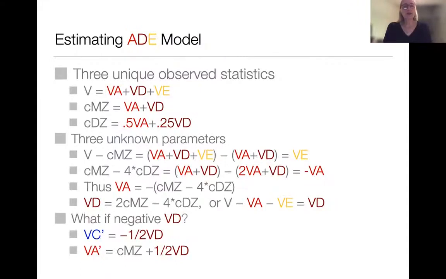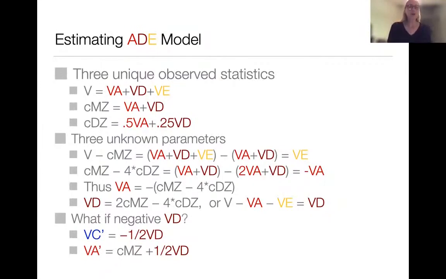And so if we go through similar derivations as we did in the case for the ACE model, you see that you get an estimate of VA as minus the covariance of MZ twins minus 4 times the covariance of DZ twins. Similarly, if you end up with a negative VD, you can just use a simple formula to recalculate it as an ACE model.